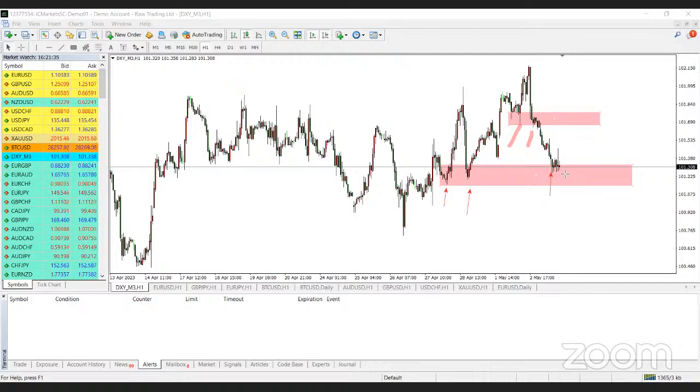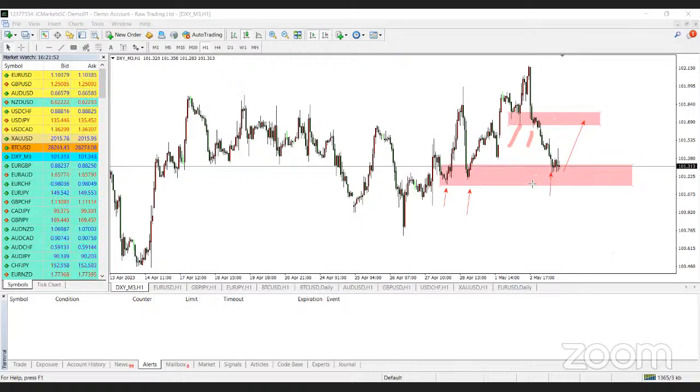But if it's going to push higher from where it is, then you should be expecting that the EUR/USD, as an example, is going to be dropping, it's going to fall. So we need to pay attention to this area here.